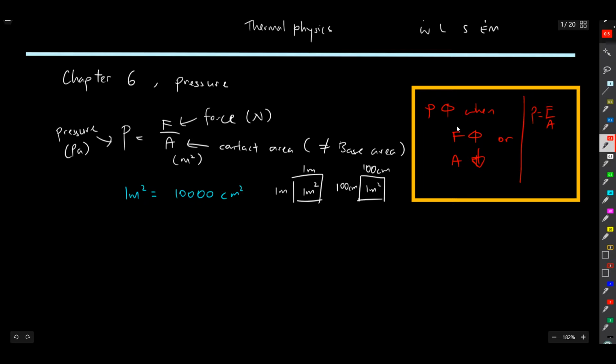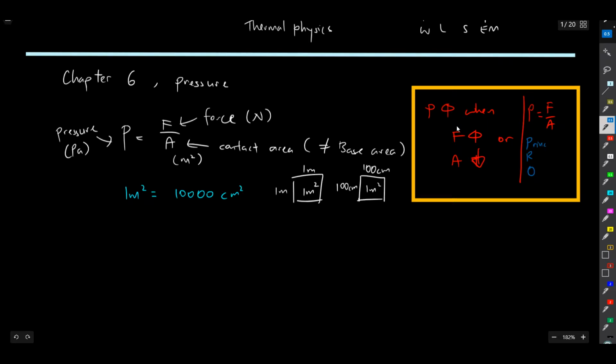So a very common question, they'll ask you what happens to the pressure acting on this surface or acting on a person when... A very common question would be like a car, right? What happens if I change the tire of the car to a tire that has a larger contact area with the ground? Then the pressure will actually decrease, right? So we use the PRO method: principle, relation, and outcome.